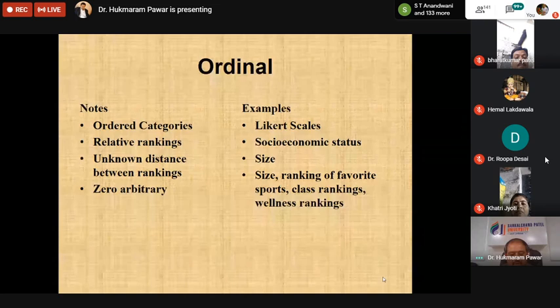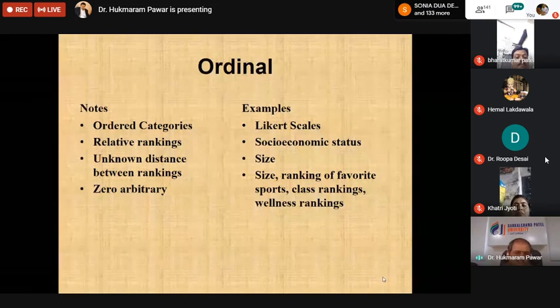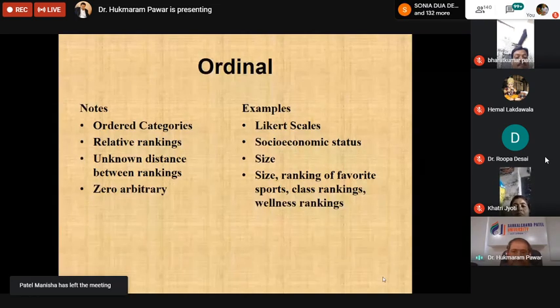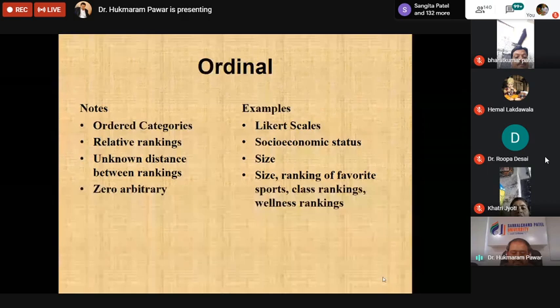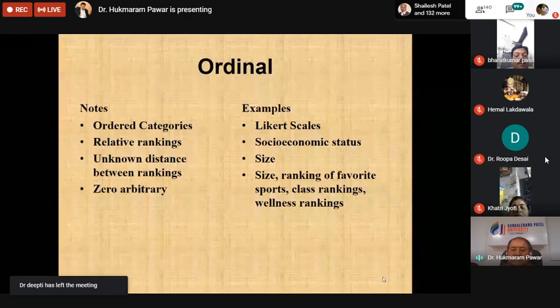But one more powerful thing is that you are arranging in a systematic way, in a particular order. That order is not possible in nominal, but here order is possible. Apart from this, the name is also possible. So size, ranking, favorite sports, class ranking, wellness ranking, these are various examples of ordinal.